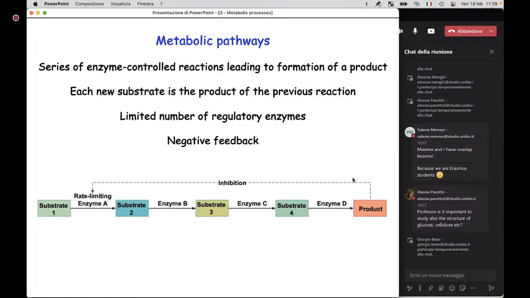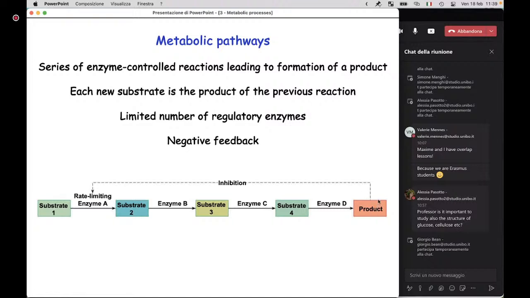And this binding of the product to a protein or to the first enzyme inactivates the enzyme. So if the cell is producing this red product, let's call it, it will take substrate 1 all along the chain with different enzymes to obtain the product.